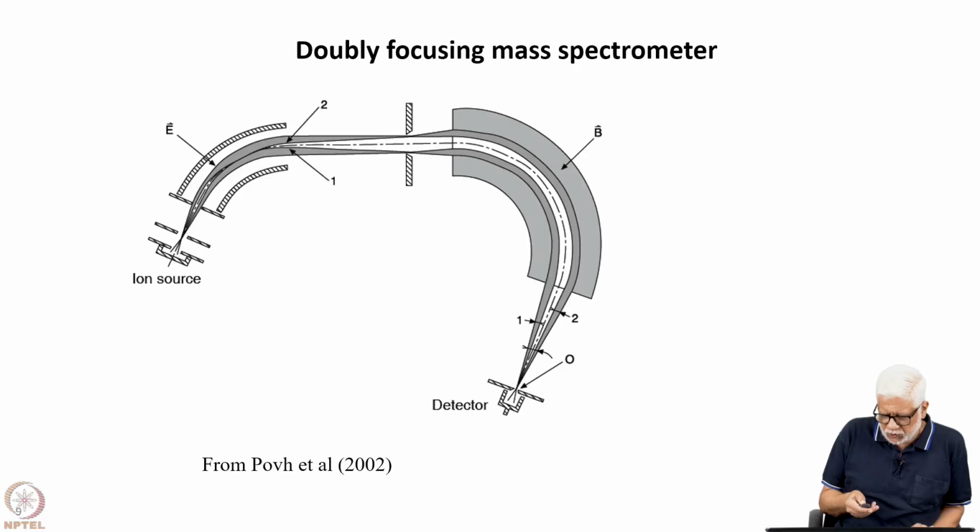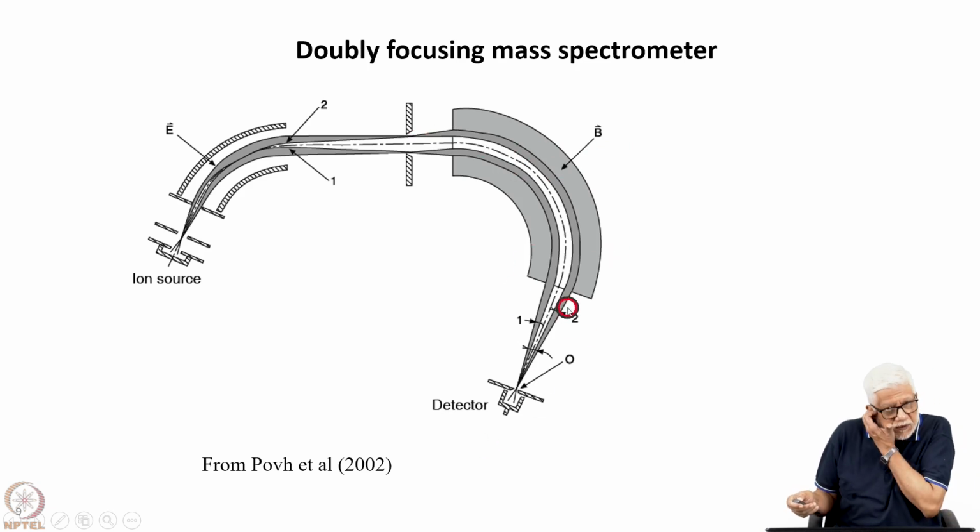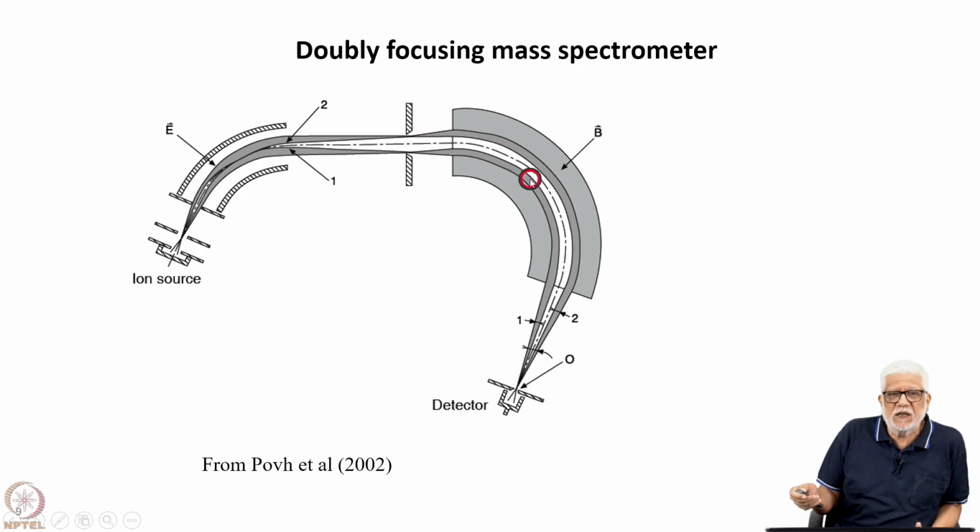In principle. Okay, so this is a picture of a doubly focusing mass spectrometer. You have an ion source, then an electric field, and a separate magnetic field. So you analyze in terms of kinetic energy by Q, and then in terms of momentum by Q, and by shaping the edges of the magnet suitably you can have a double focused beam, and then you have a detector.